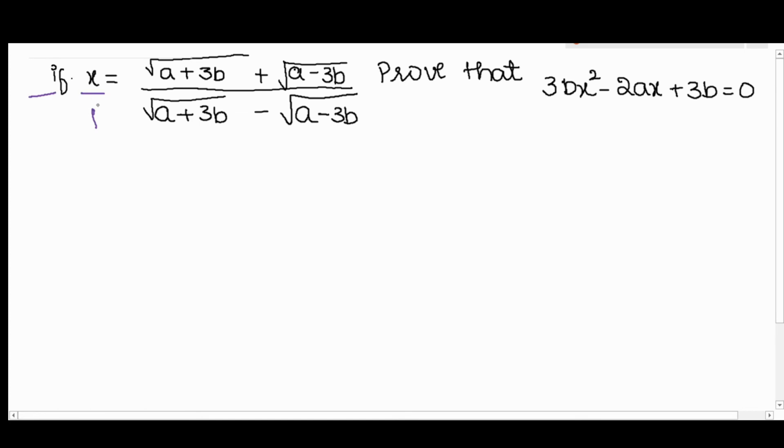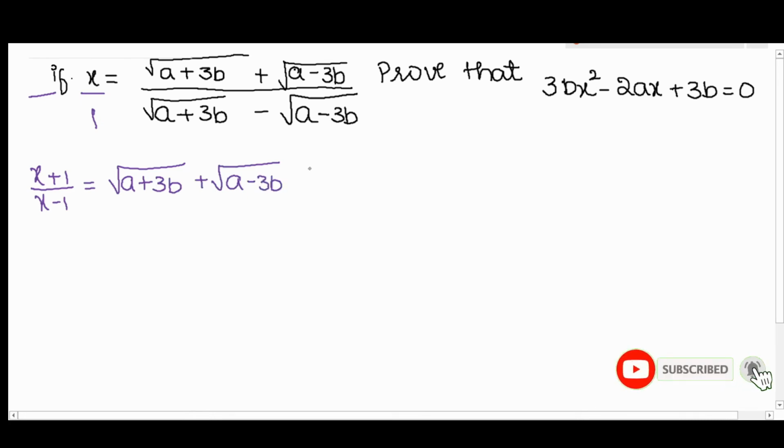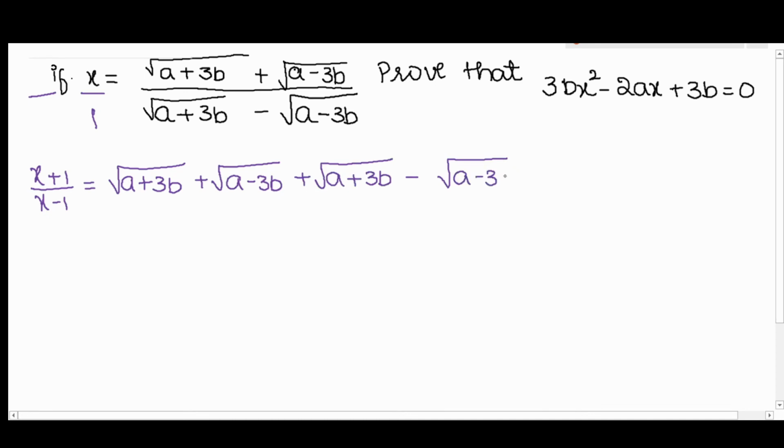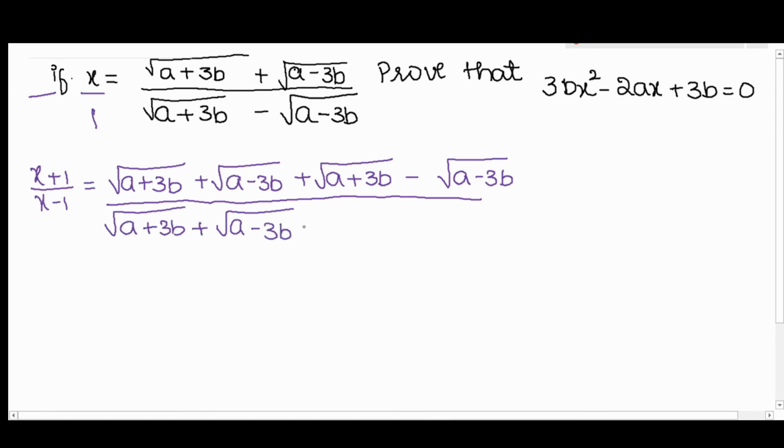So on applying componendo and dividendo to the LHS, it becomes x plus 1 divided by x minus 1, which is equal to root of a plus 3b plus root of a minus 3b plus root of a plus 3b minus root of a minus 3b, divided by root of a plus 3b plus root of a minus 3b minus root of a plus 3b.